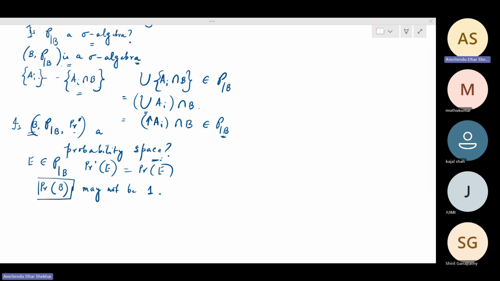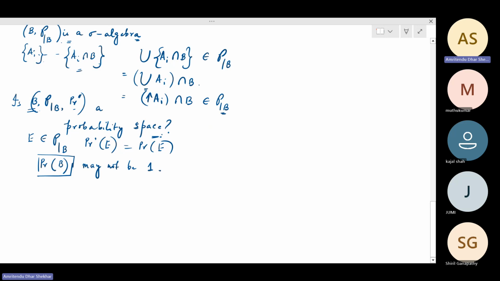But if something is not equal to 1, well, we know how to regulate that. What we have to do is simply normalize. So instead, if you now consider P of B, and if you define the measure in this way, if you define a tuple in this way, this is a probability space.